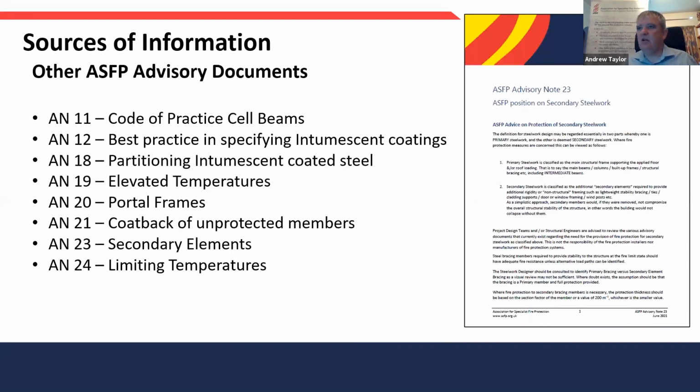We've also got a lot of advisory documents, and the list of advisory documents continues to grow. We last did a presentation on structural steel last year, and since then 21, 23, and 24 have come out and been published, and there's lots of other advisory material going forward.